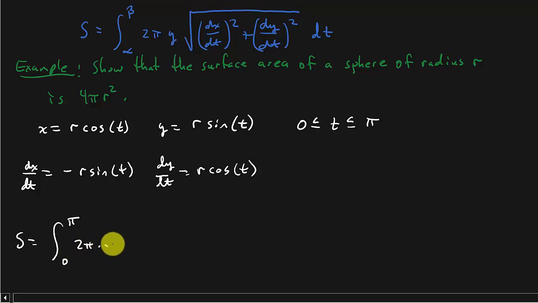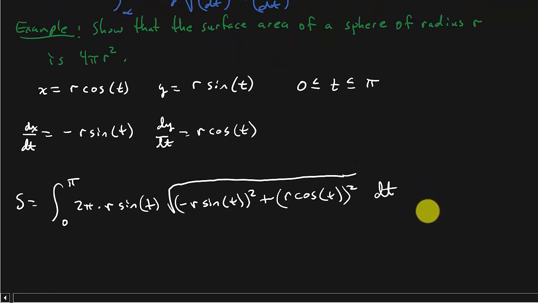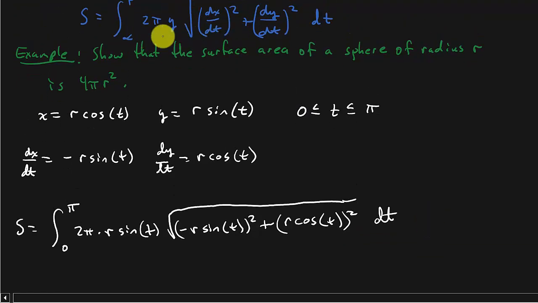What is y? That's r sine t times the square root of dx/dt squared, so negative r sine t, all of that squared, plus r cosine t, all of that squared, dt. Okay, so that's all I did. I just plugged all that into the formula.